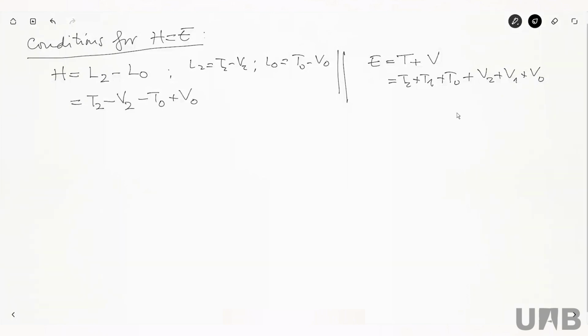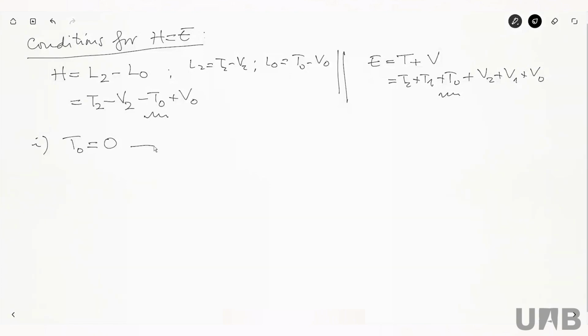And what we immediately see is that for this thing to be true, first thing that has to happen is that T0 has to be 0. Let's just start with this guy. Okay, so here I have minus T0, here I have plus T0. So that means that in order for these two things to be the same to begin with, this term has to vanish. So there cannot be a T0.